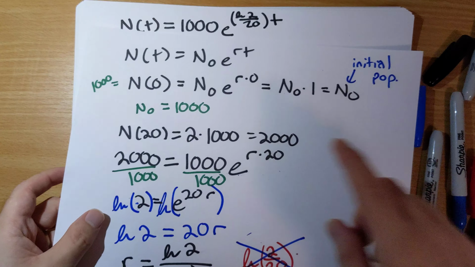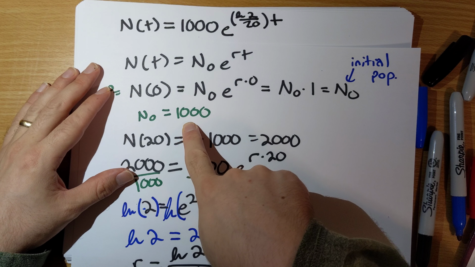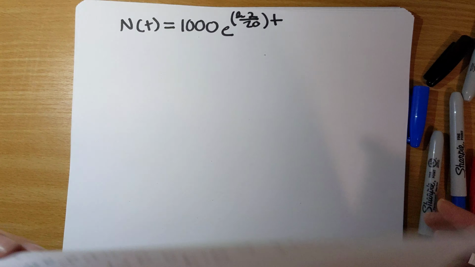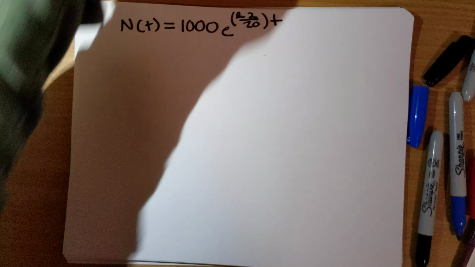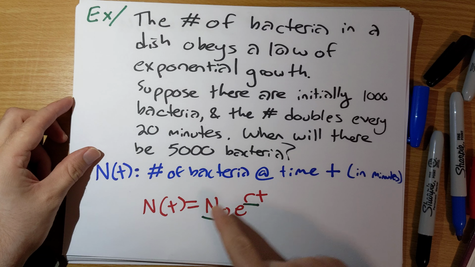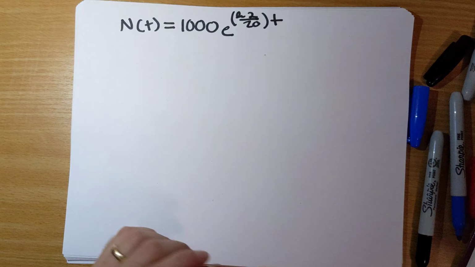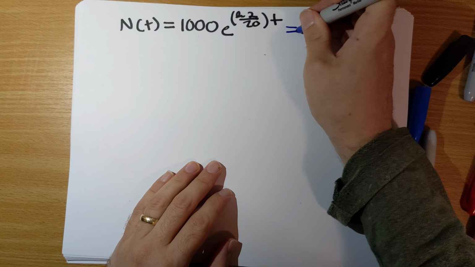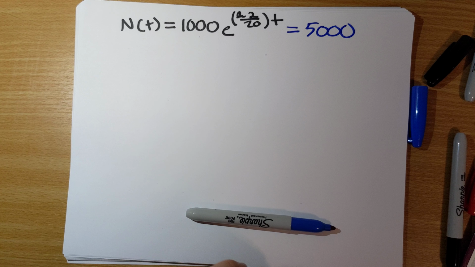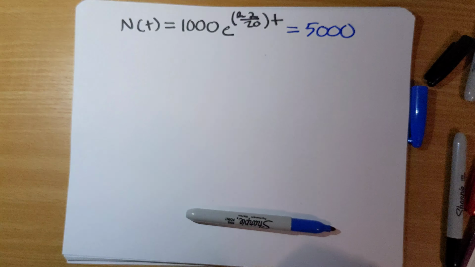All I did there was take N of t is N naught e to the rt, plug in 1,000 for N naught, and r is log of 2 over 20. Well, let's go back to what the question was actually asking us. When will there be 5,000 bacteria? We want to know when this is equal to 5,000.